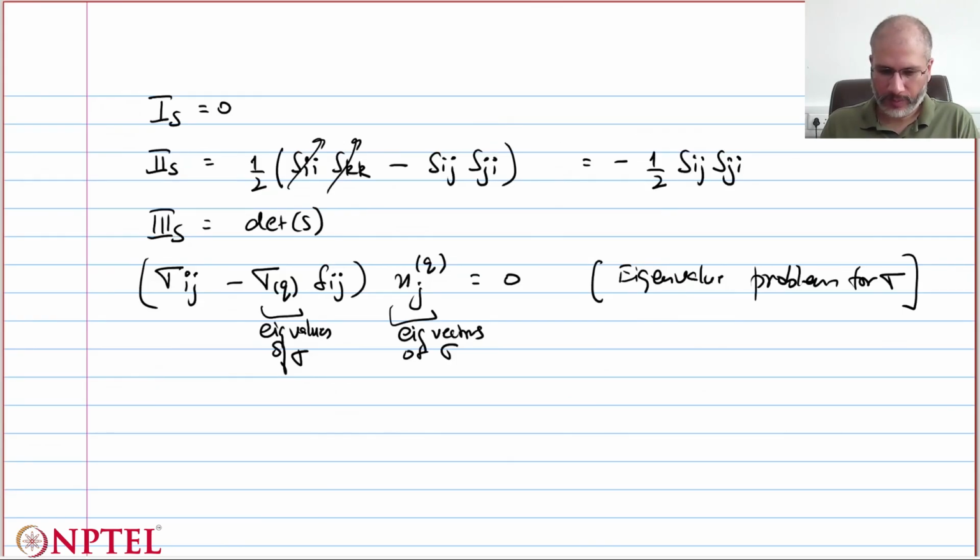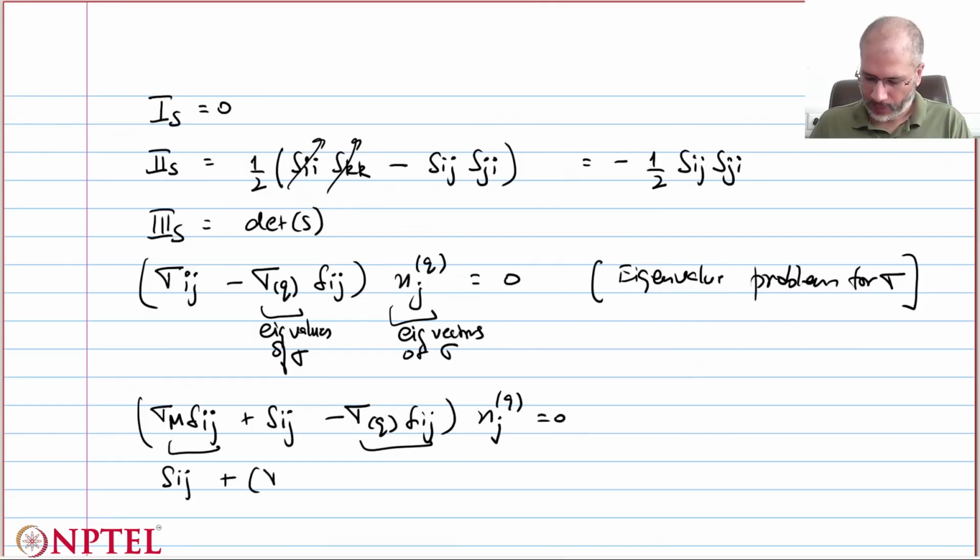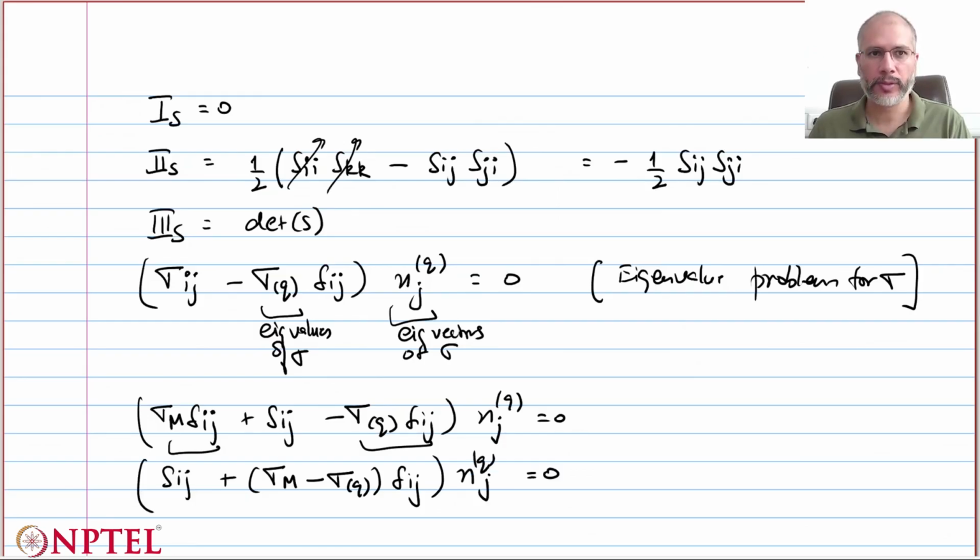Now I write my sigma as a sum of its spherical part and a deviatoric part, and minus sigma q delta ij times nqj equals 0. I'll combine these two. So this becomes an Sij plus a sigma m minus sigma q times delta ij times nqj equals 0.